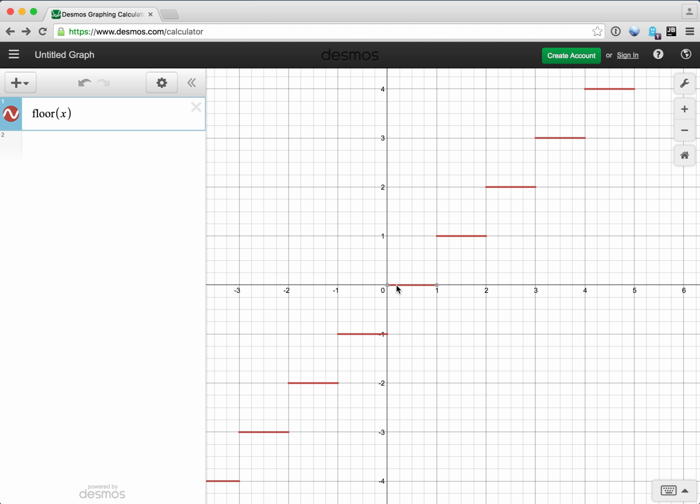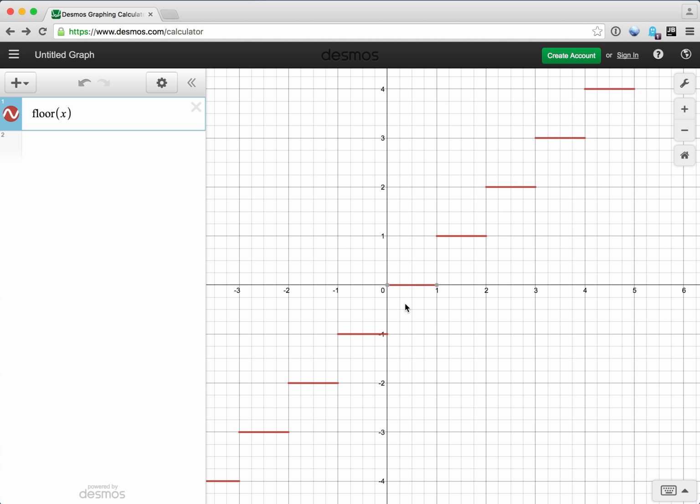So basically the greatest integer function, or the floor function, is the greatest integer up to that number. For example, what's the greatest integer of 0.5, let's say?